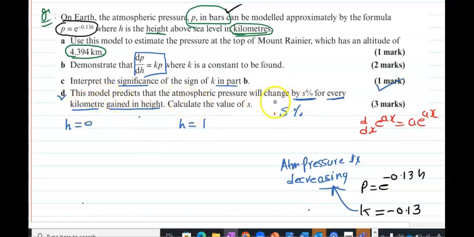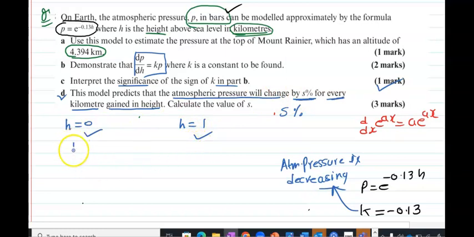They are saying pressure will change as a percentage for every kilometer gained in height. Are you with me, guys? Atmospheric pressure will change by S%. So put h equal to 0 and h equal to 1.